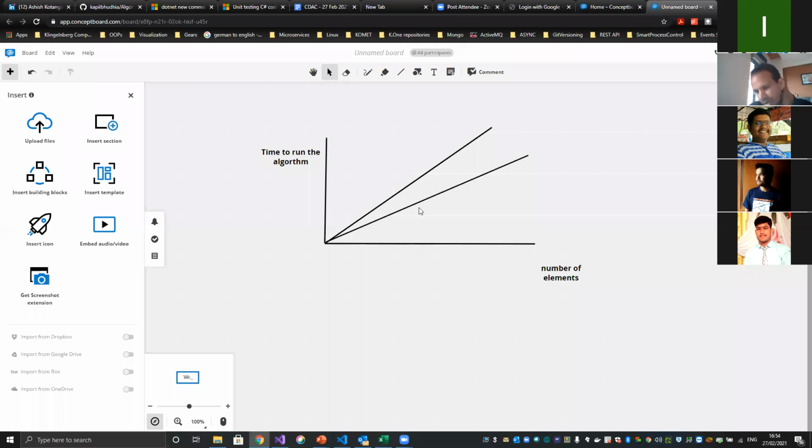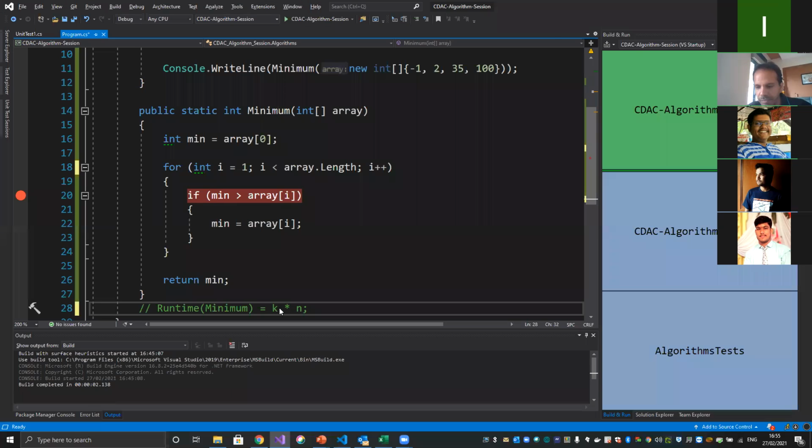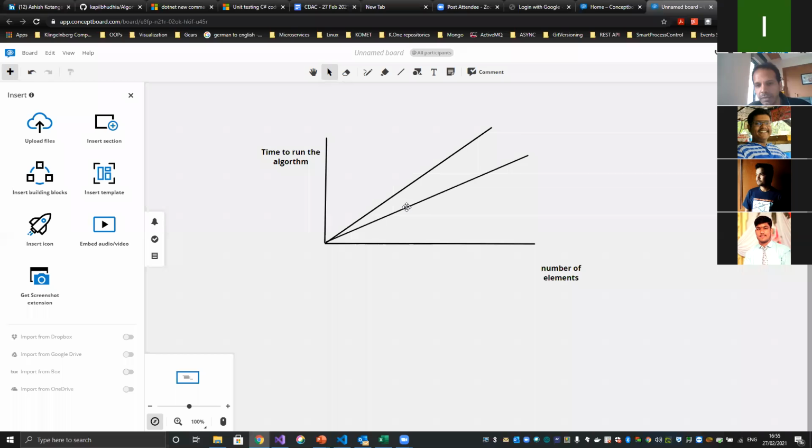But this number is not important. What I'm trying to highlight is that it's a straight line. No matter how much the number of elements increases, it's always going to be a straight line. And the slope of this line is basically this constant value k.